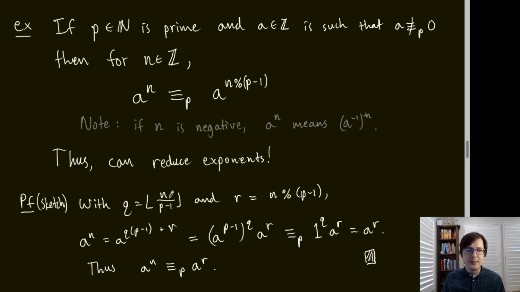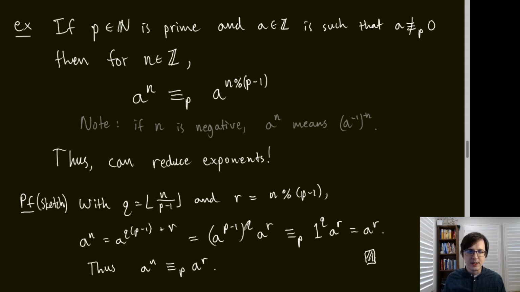Let q be the quotient of n by p minus 1, and let r be the remainder after division. Then a to the n is equal to a to the q times p minus 1 plus r. That's the division algorithm. Using exponentiation rules, we can rewrite this as a to the p minus 1 to the q. That's the product rule turning into a succession of powers.